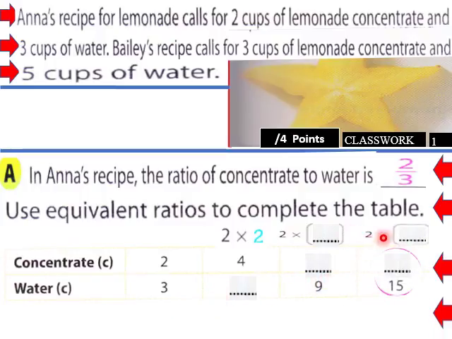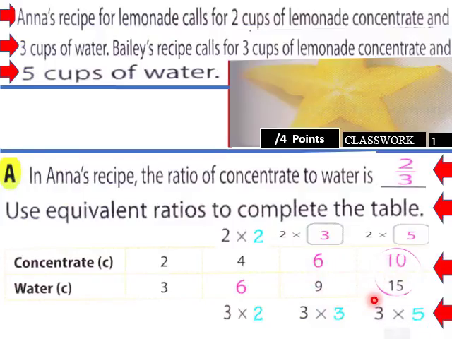So the blanks are 3 times 2, 3 times 2, then 3 times 3, and 3 times 5. This would be 6, then 2 times 3 would be 6 over 9, and then 10 over 15 for our final concentrate.